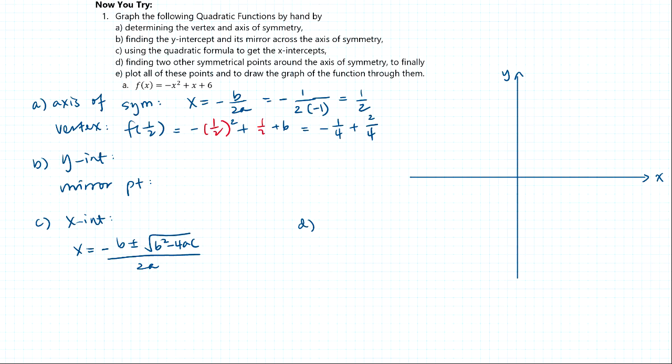Plus, similarly, 6 would become 24 over 4. And therefore, negative 1 plus 2 would be positive 1, positive 1 plus 24 would be 25. So we get 25 over 4 being the y-coordinate of the vertex. So therefore, I know I need the point for the vertex being 1/2, 25 over 4.